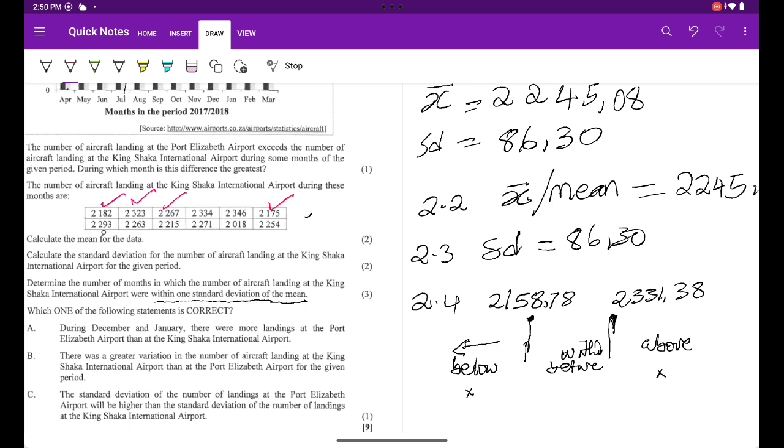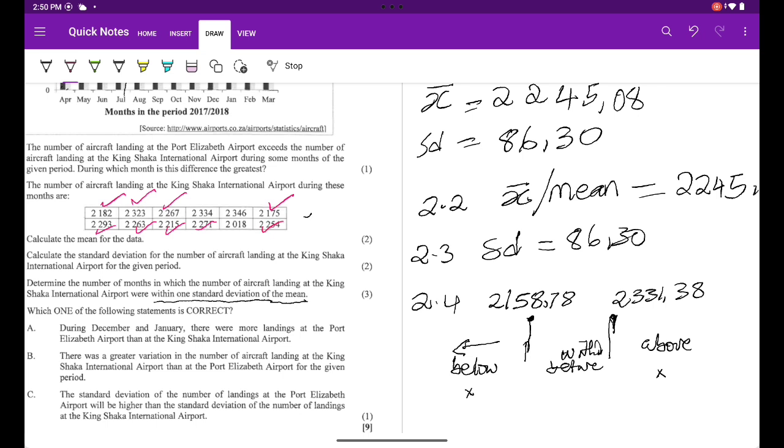And then 2293, we can take that. 2263, we can take that. 2215, we can take that. 2271, we can take. 2018, no, we can't take that one. It's below our 2158. What about 2254? Yes, we can take that.